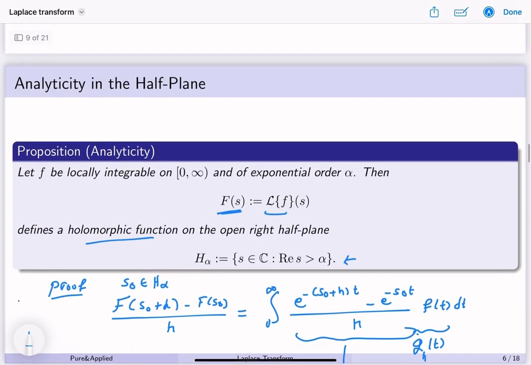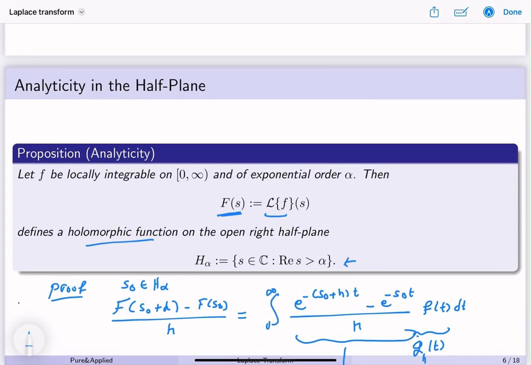So bottom line, now we have this function LF that takes a function f defined on 0 to infinity and nice enough in the sense that it's of exponential order alpha. And what it does is give us a function that is complex, first of all defined on some right half plane, and it's holomorphic. It's not only defined there, it's holomorphic there. And that's a very important property that we're gonna see how to use later on.